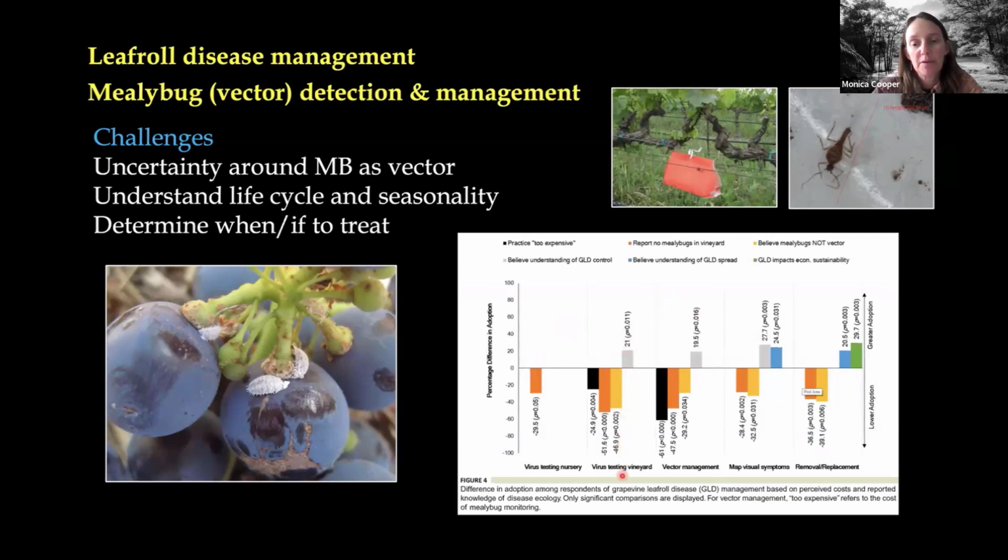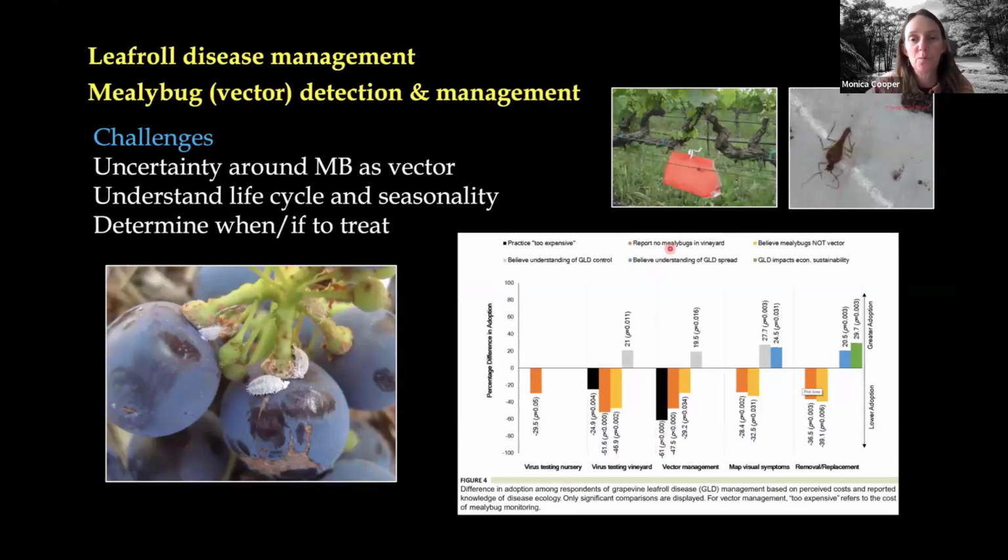People were adopting virus testing in the vineyard because they believe it is important and they understand the importance of controlling leaf roll disease. On the negative side, there are a couple of factors that lead to decreased adoption of these practices. One of those, of course, is economics. That makes sense. If it's too expensive to test for viruses or too expensive to manage mealybugs, then you're not going to do that.